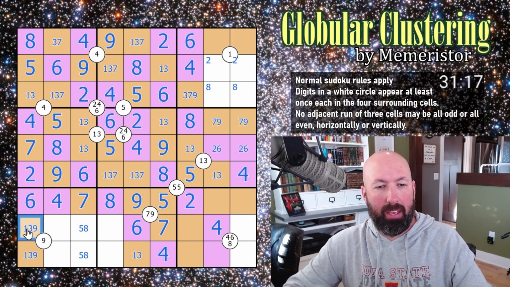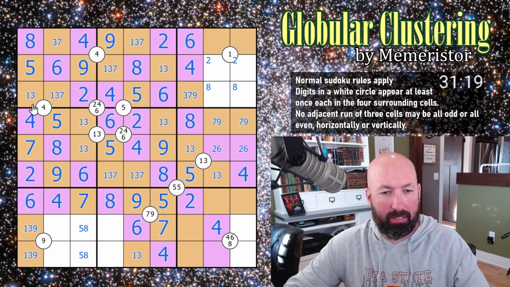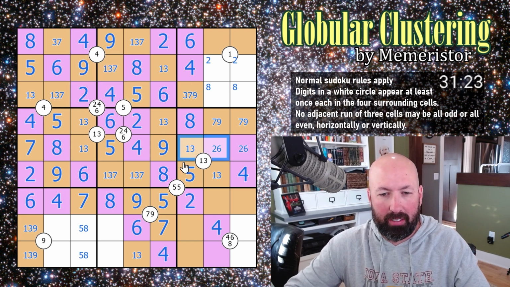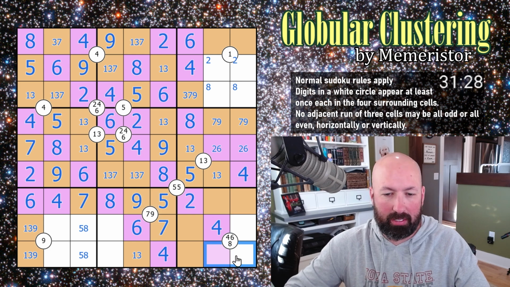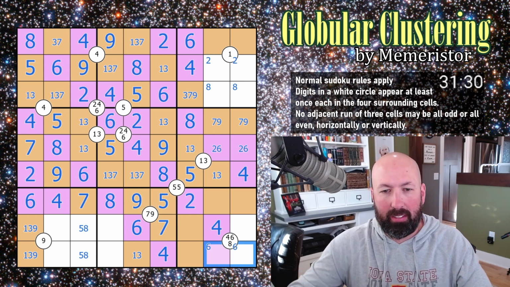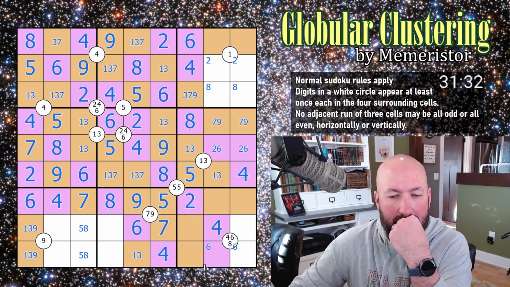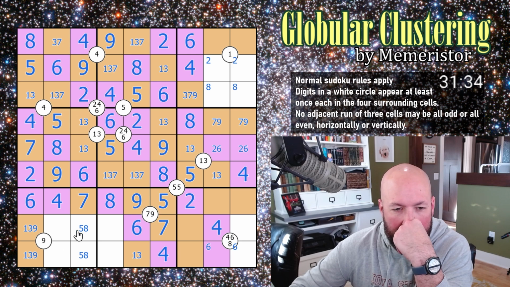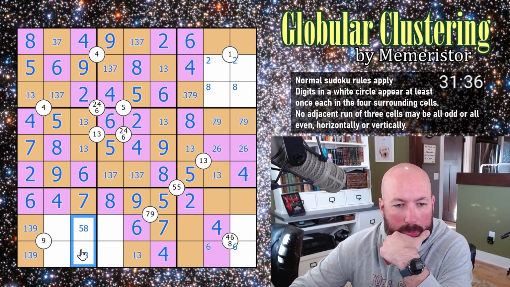Maybe. Maybe not. 4, 2, 4, 6, 1, 3, 5. I'm just checking my quads to make sure. I know there's a 6 down here. There's an 8 somewhere in here. Okay, well, this is one of each.